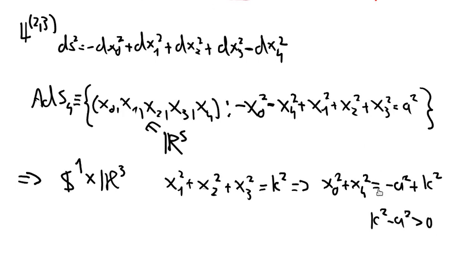Okay, so for a value of k, the topology of this set is just S1, because this is the equation of a circle in the plane x0 x4, right? So this accounts for the S1 which we have here, and then if we vary this constant, what we get is a foliation of R3 by spheres, because for each value of k, this is just the equation of a sphere.